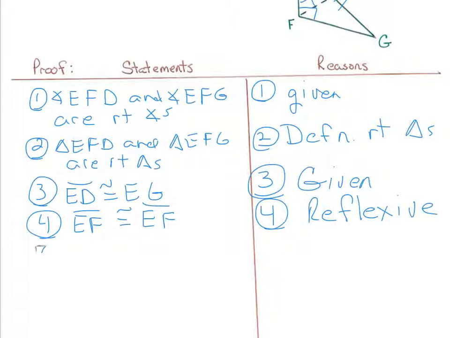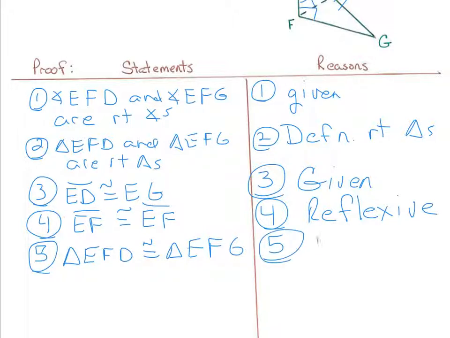So triangle EFD, since that's how I stated it before, is congruent to triangle EFG, and that is by the hypotenuse leg.